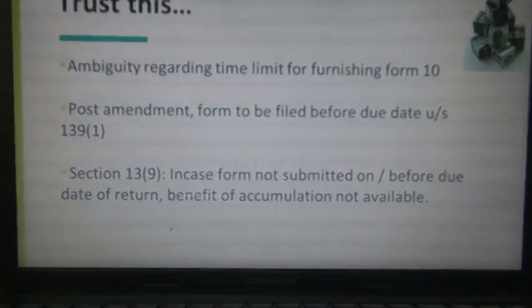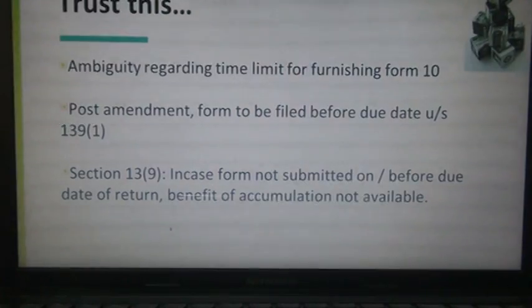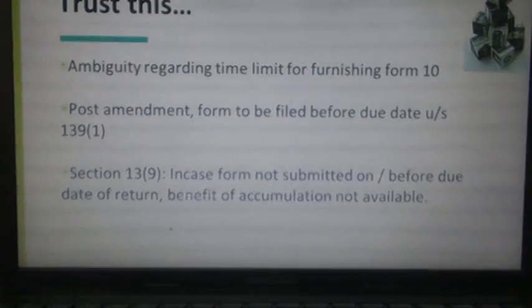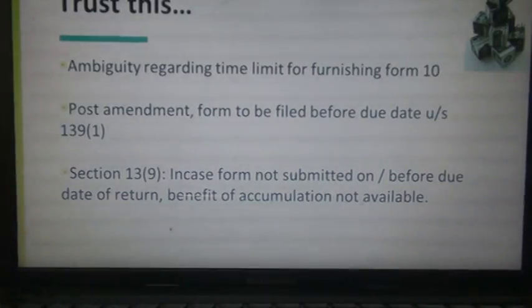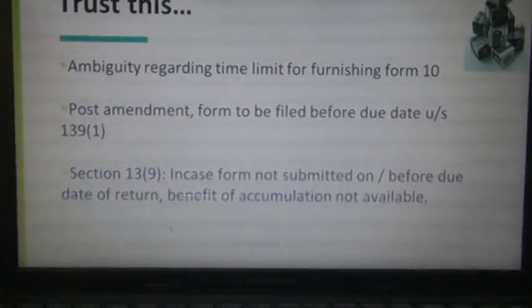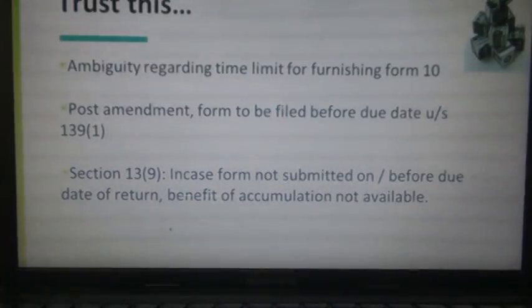Also, there is a condition or a rider which is placed in Section 13(9), and it says that if this Form 10 is not submitted on or before the due date of filing return, the benefit of accumulation of income which a charitable trust enjoys will not be available. What is this benefit of accumulation? As we are all aware, for a specified purpose, a trust is entitled to accumulate some part of its income for a period not exceeding 5 years and a grace period of 1 year in addition to that.